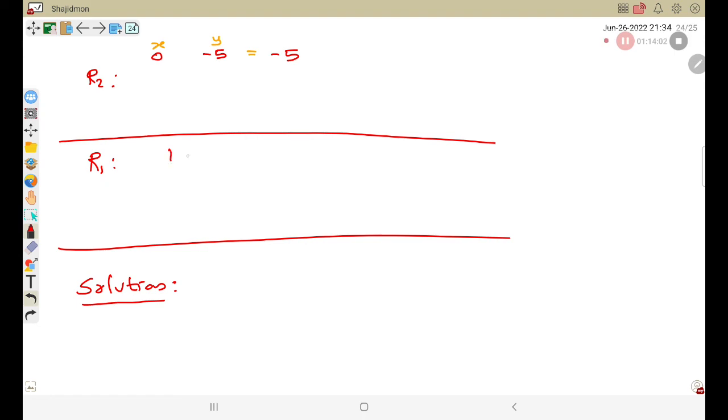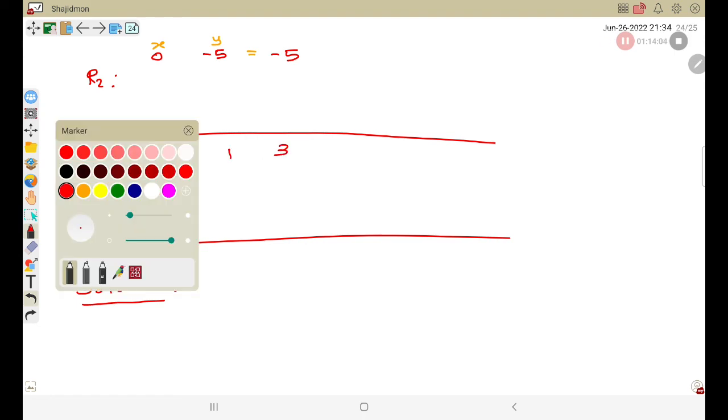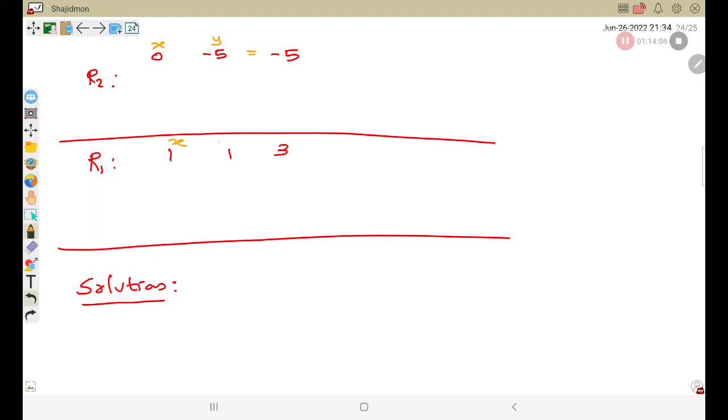Here 1, 1, 3. So 0 multiply x, minus 5 multiply y equal to minus 5. So y you will get equal to 1. Here 1 multiply x plus 1 multiply y equal 3.